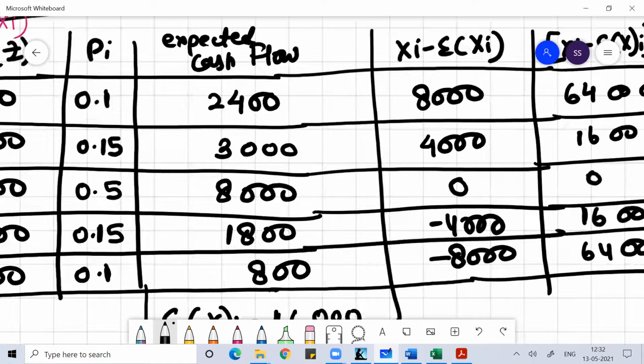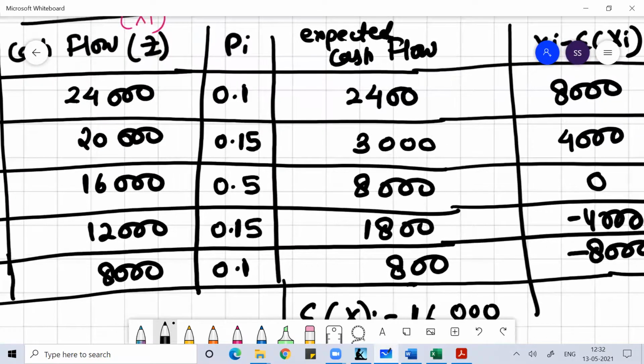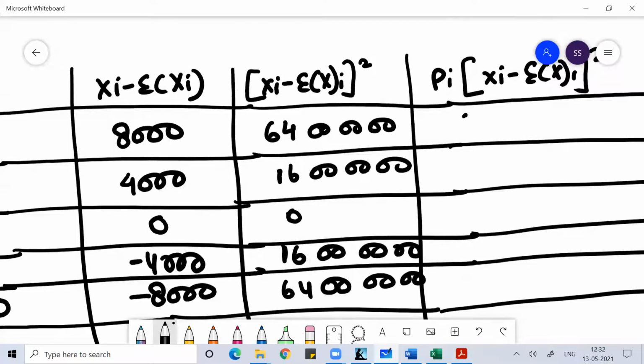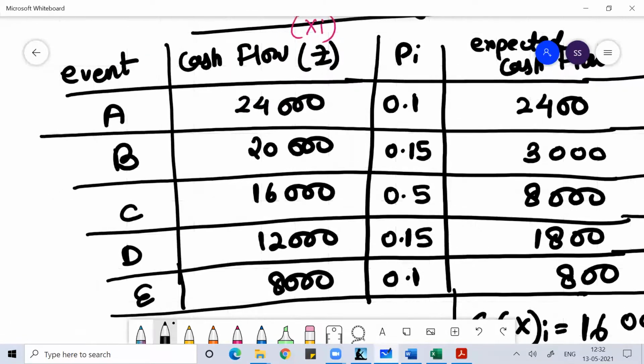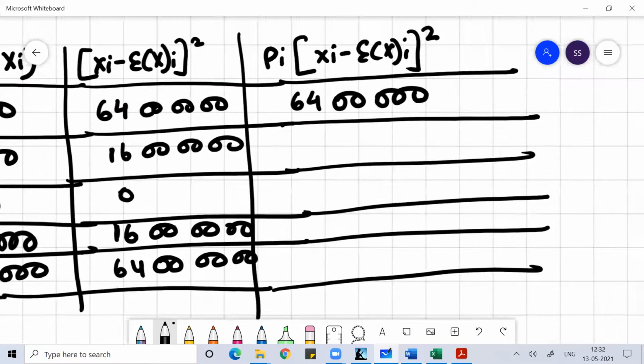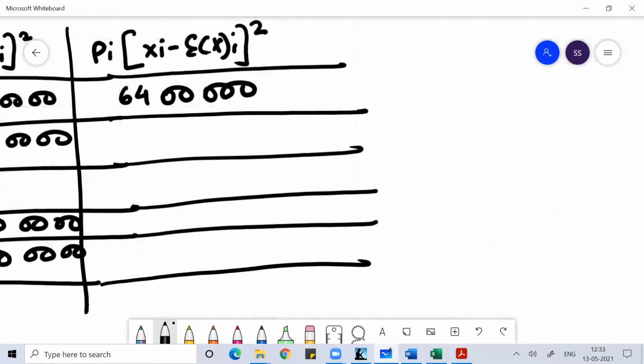So the probability is 0.1 times 64 times 10 to the power 4, which means 64 and 5 zeros. Then 16,000 with 0.15. So 16 times 15 is how much? 15 times 16 is 240, I guess.